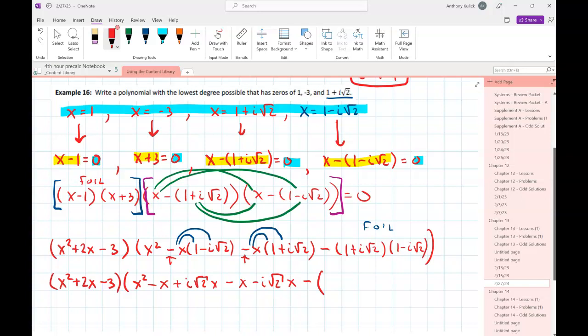What do you notice about that last FOIL problem, though? That's a difference of 2 squares, isn't it? So I can use a shortcut to FOIL that out, right? That's just going to be a squared, where the a is 1, minus b squared, where the b is i square root 2. So far, so good?